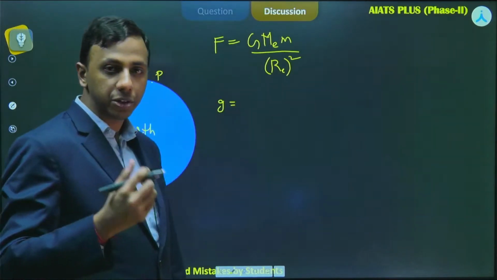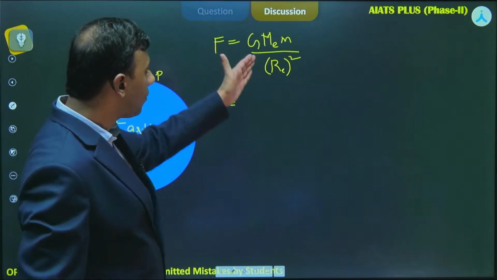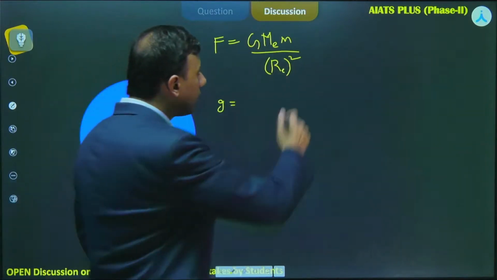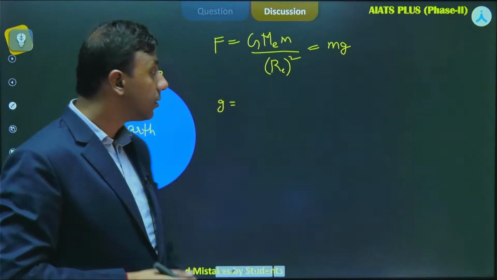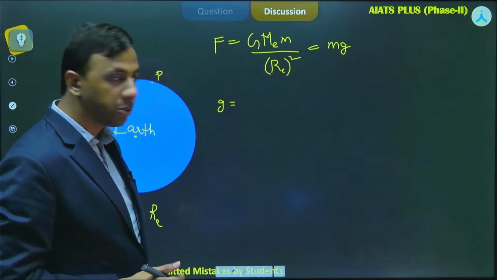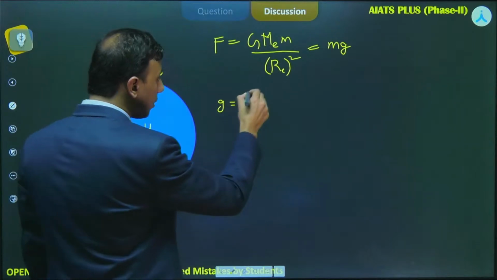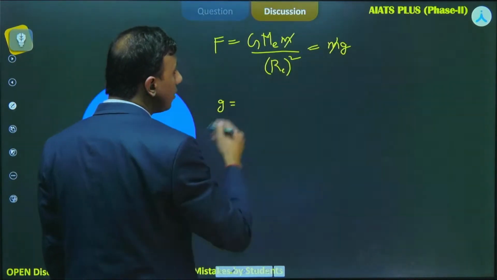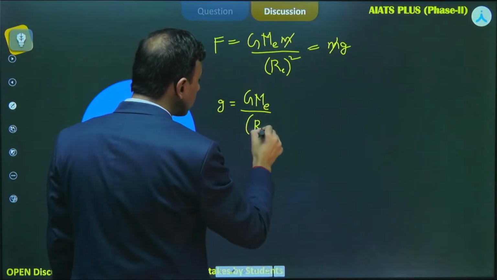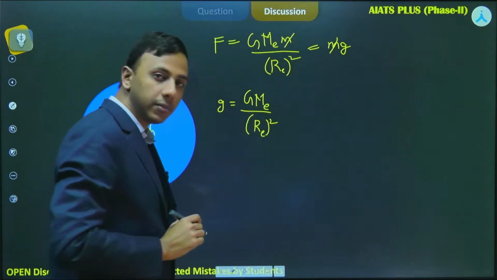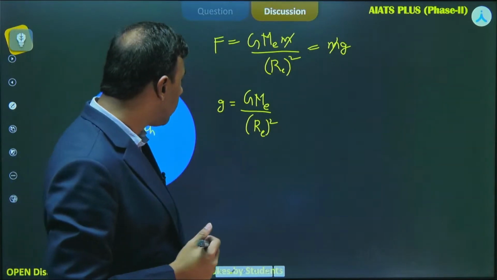And we want to find an expression for g. Small g is your acceleration due to gravity, right? So this F I can also express as equal to mg. This we have studied in lower classes also. So from here, what's the expression you are getting for small g? You see, m and m will get cancelled. G Me by Re square, right?